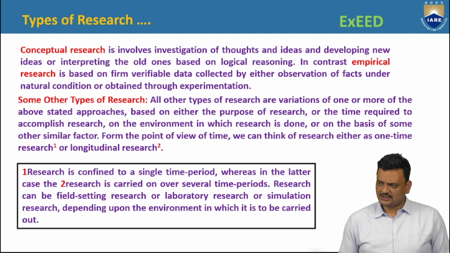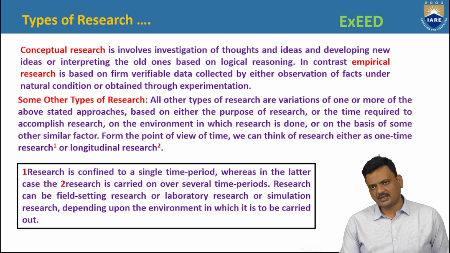All other types of research are variations of one or more of the above-stated approaches, based on either the purpose of research, the time required to accomplish it, the environment in which research is done, or some other similar factor. From the point of view of time, we can think of research as either one-time research or longitudinal research.